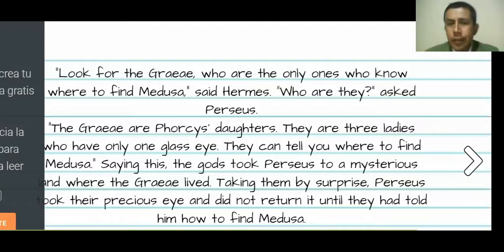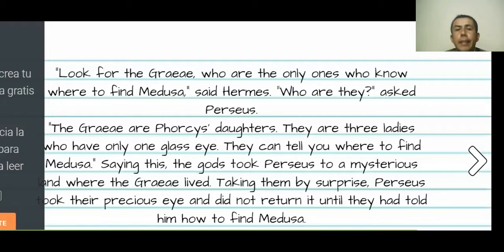Did you get it? Well done, guys. Pre-reading scheme is an important skill that good readers use to have a general idea of the story. In this case, Perseus is a hero and Medusa is the enemy.